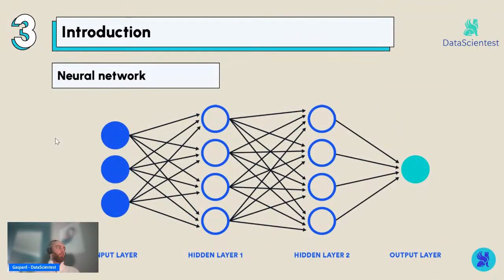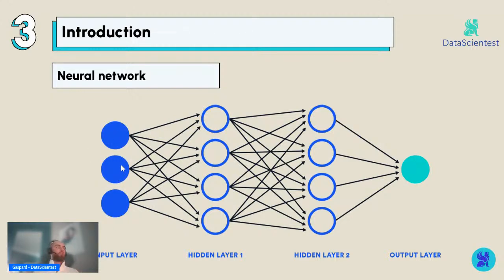So the neural network looks like this. Probably all of you already knew about that, but it's built in layers. That's the simple architecture of what we call dense neural networks. It's built in layers. You have your input layer, which just takes the data as input.